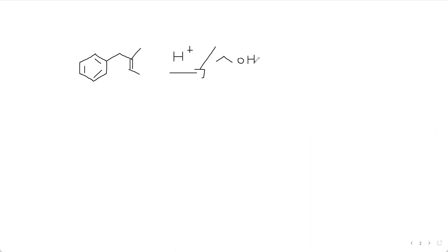So we haven't talked about this reaction specifically. Let's try to figure it out based on what we know. So we know that if I have a double bond with an acid, the first step is that the double bond attacks the H. And then you're going to wind up with a carbocation where it would be most stable. So I'm going to redraw it without the double bond, and my plus is going to go tertiary.